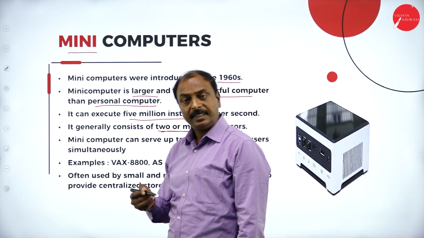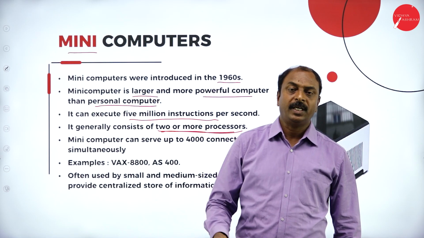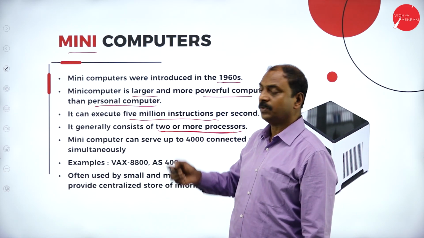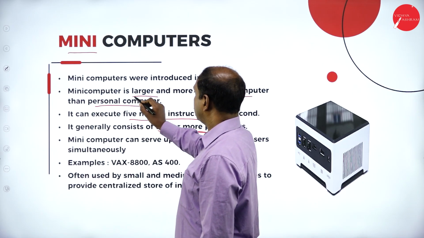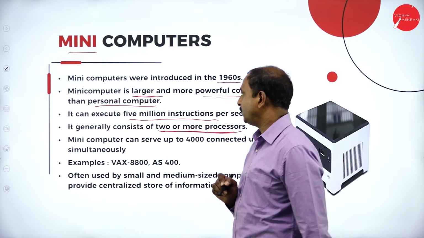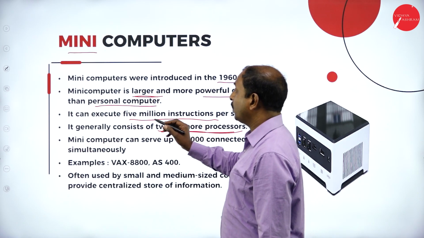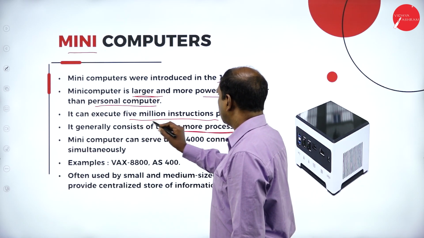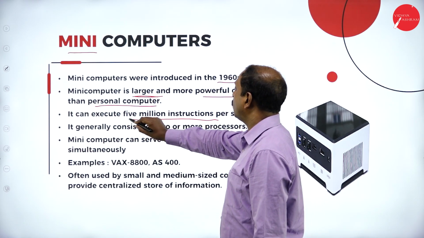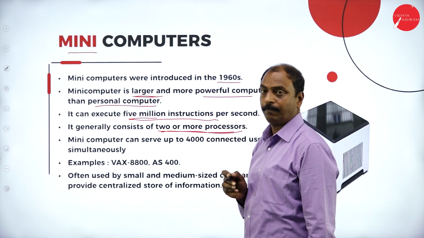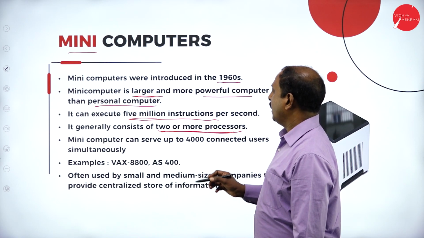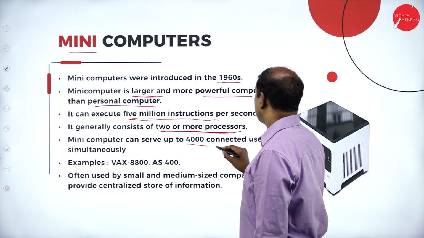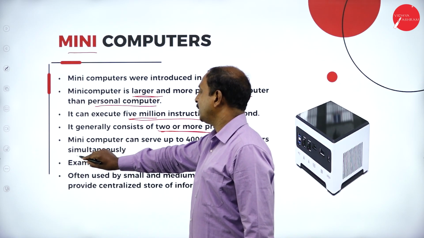Now you can imagine the capacity or performance of mini computers. Generally their size is larger compared to microcomputers, and they process or execute 5 million instructions per second. They consist of 2 or more processors and can serve up to 4,000 connected users simultaneously.